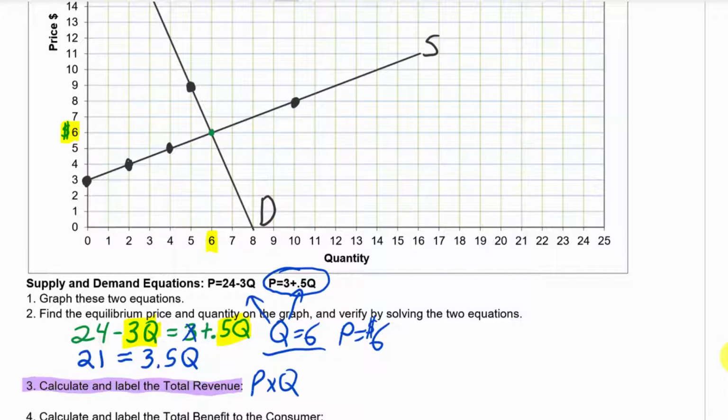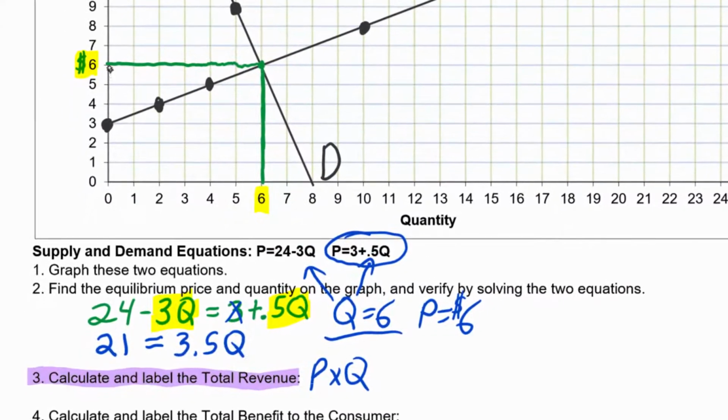And when we want to put that on a graph so that we can see it easily, what we want to do is draw this little rectangle here over to 6 units and up to $6. And this green rectangle is going to represent the money that this business is getting when it sells 6 units for $6. Now let's think about why that's true.